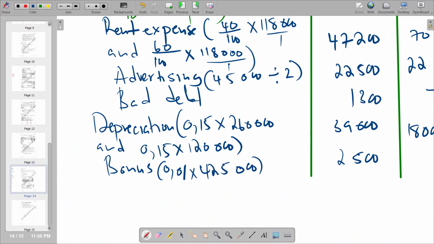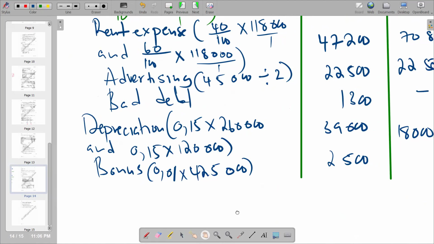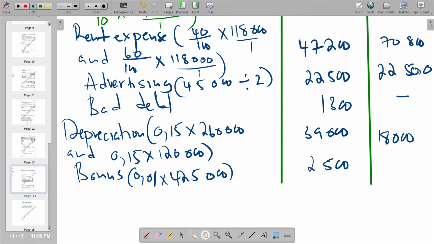So let's try to see what we get. 0.01, or 1%, times 425,000. You get 4,250. So here we have got 4,250. So basically this is what we have.